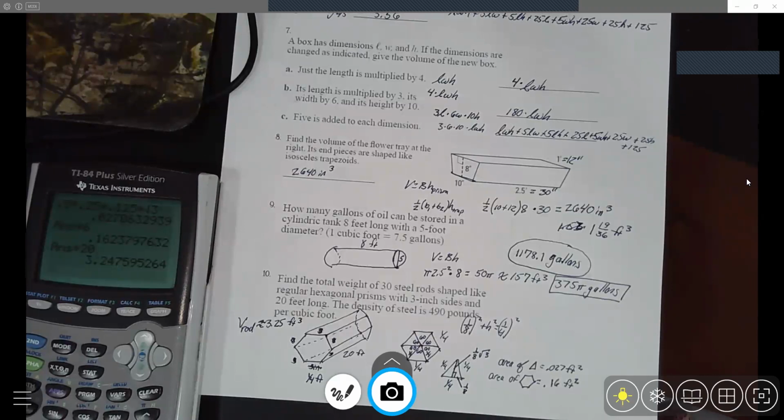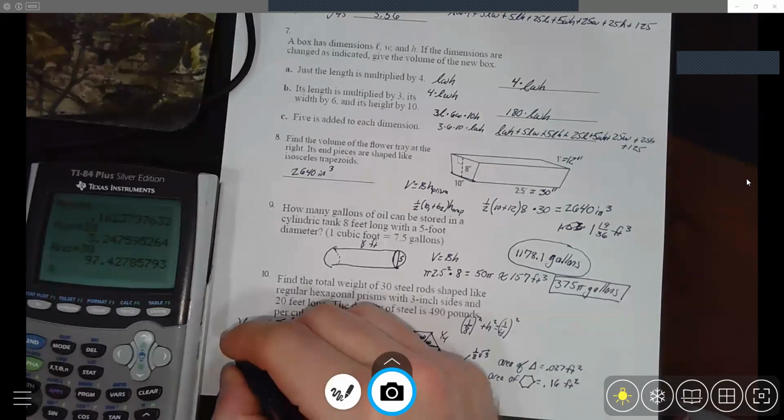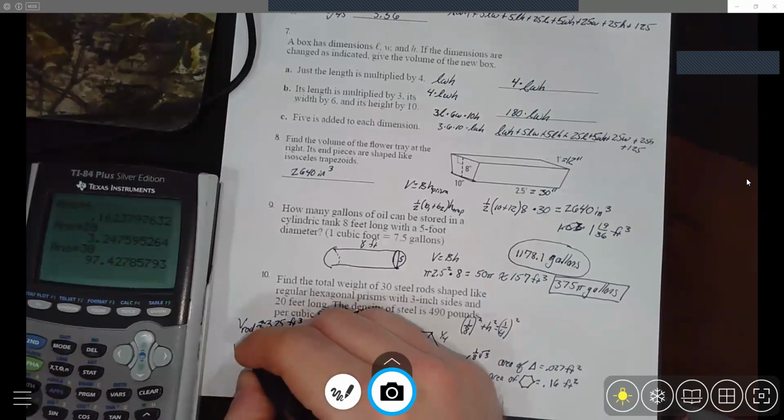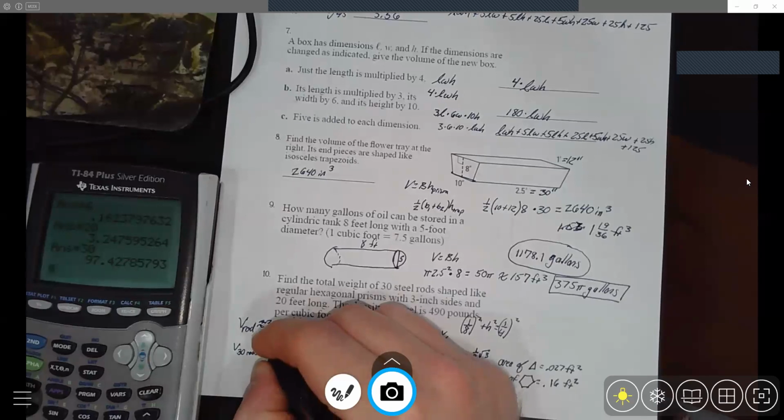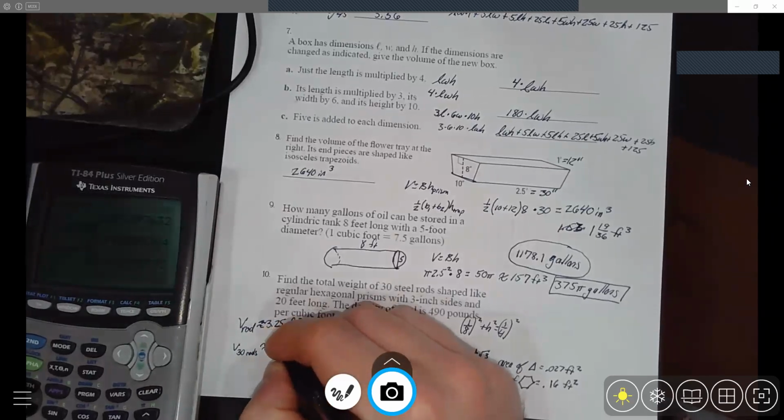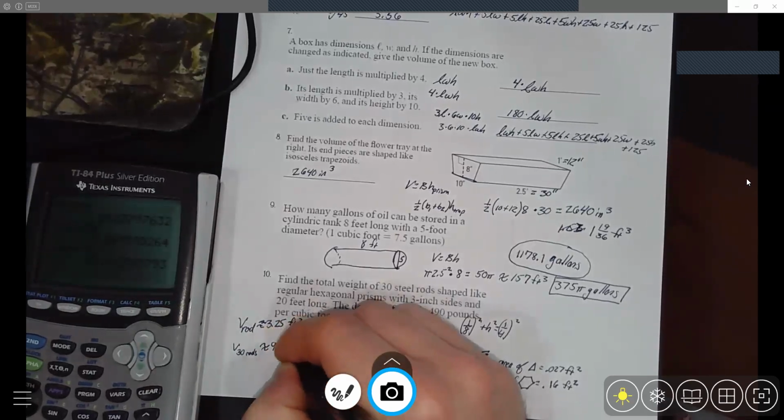All right, so now we have 30 of these, so we can multiply by 30. And so the volume of 30 rods is about 97.43 cubic feet.